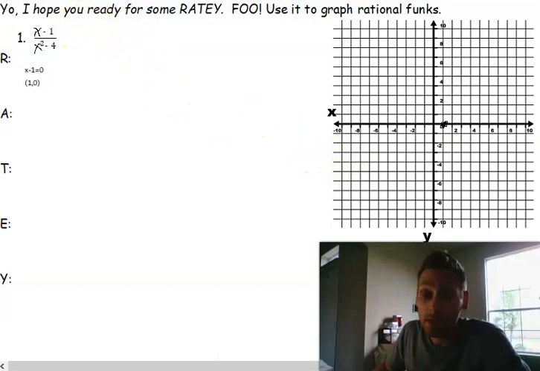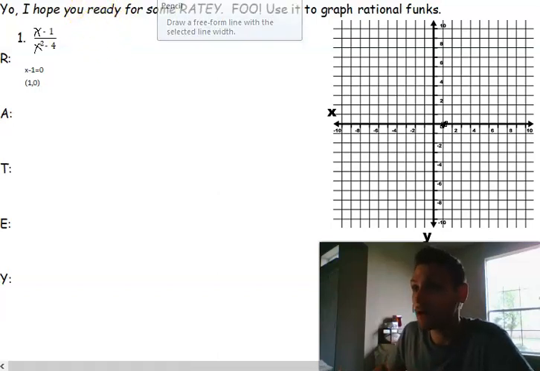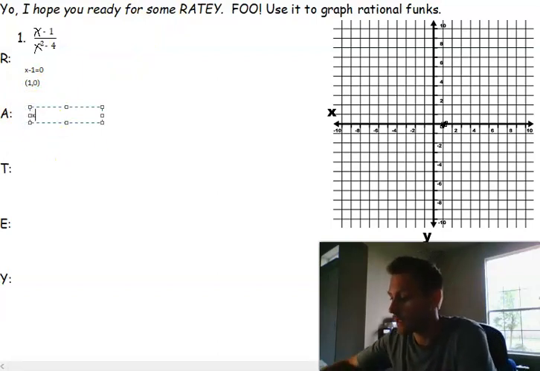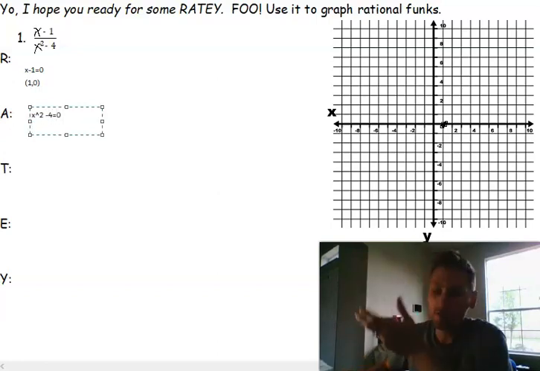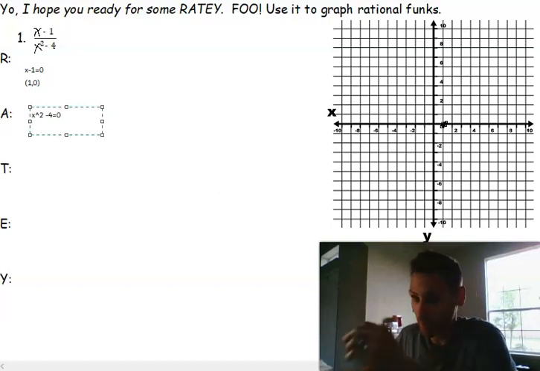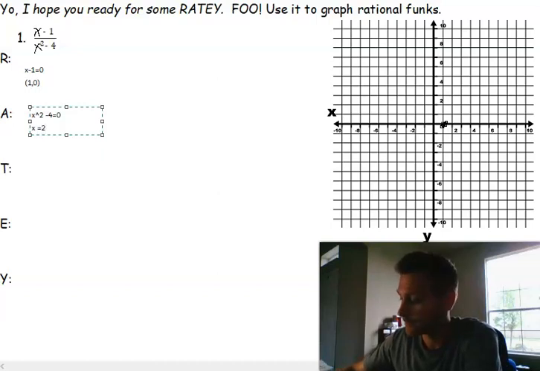Now, the A is what makes the bottom 0, so you're solving another polynomial on the bottom. It's just like last unit again, just like R, and we need to set the bottom equal to 0. When we set x squared minus 4 equal to 0, you add the 4 over and you square root, and the fundamental theorem of algebra gives us plus 2 and negative 2.